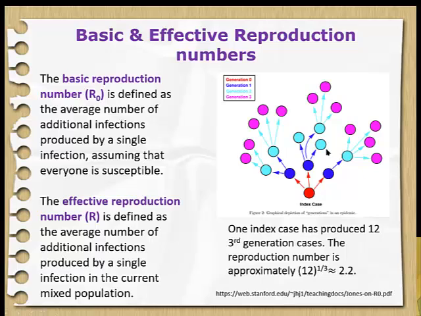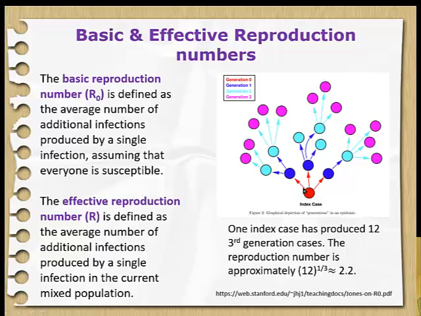So that's generation 2. In generation 3, we have a different situation. This person infected 2, this one infected 3, this one infected none, this one infected 3, this one infected none, this one infected 4. So you can see there is a variation. But we can take an average. One index case has produced 12 third-generation cases.